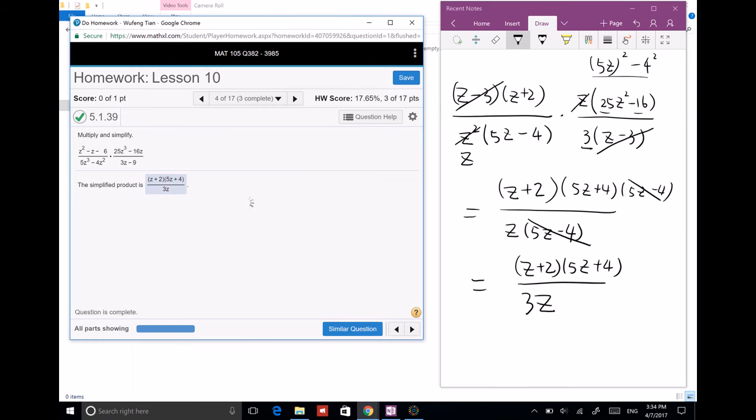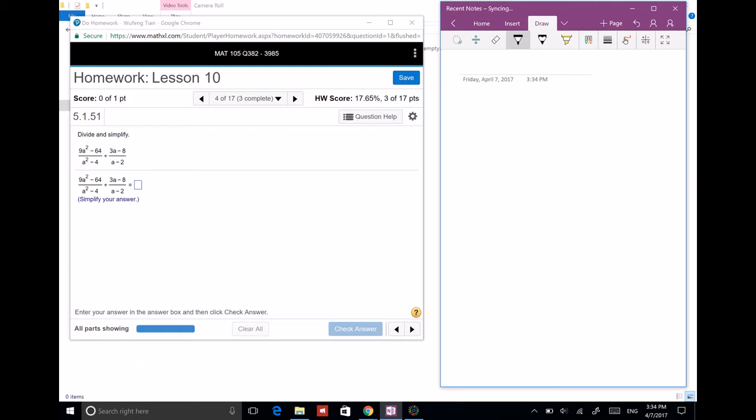Okay, next question. We also factor everything. So 9a squared minus 64 over a squared minus 4 divided by 3a minus 8 over a minus 2. What do we need to do? We'll factor all of them. The first one is the difference of squares. So the difference of squares formula: a squared minus b squared equals a plus b times a minus b.